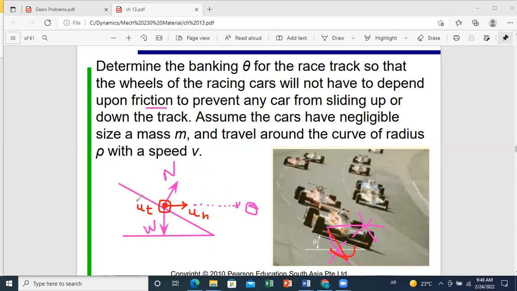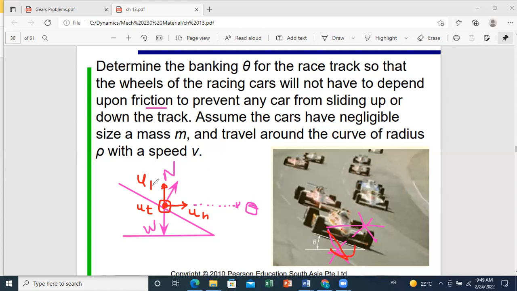Now, as we said, UB should be perpendicular to both UN and UT. So it's perpendicular to the plane of motion. Since the plane of motion is a horizontal circle, then UB is perpendicular to the circle, so it's vertical. So this is my UB vector.